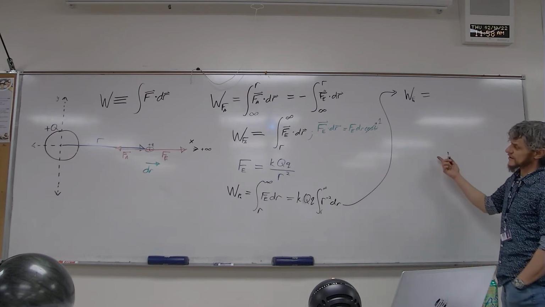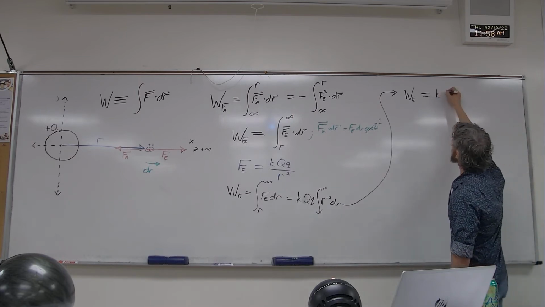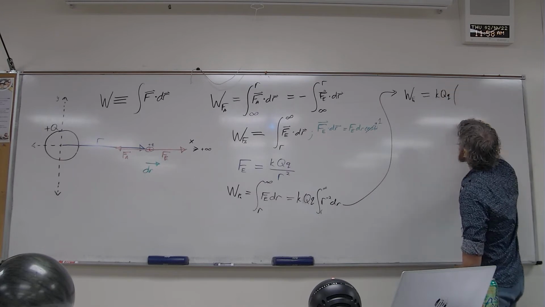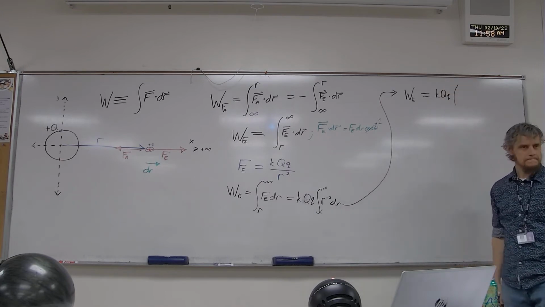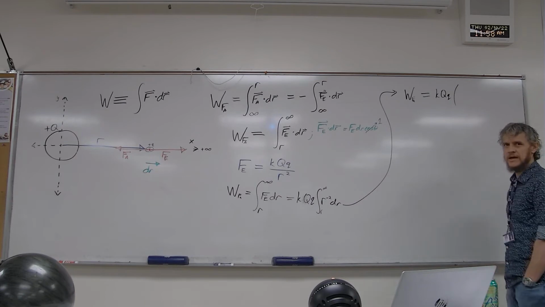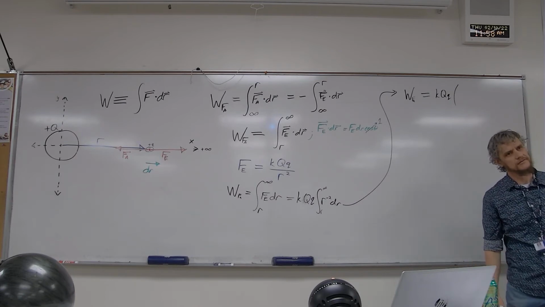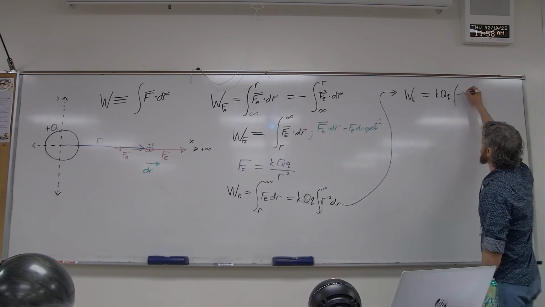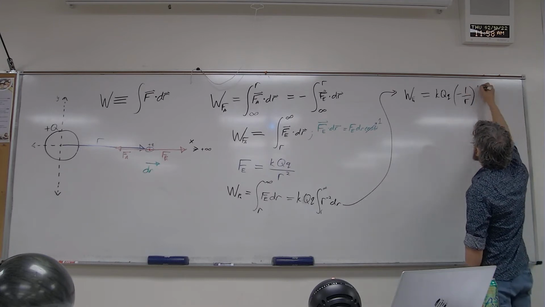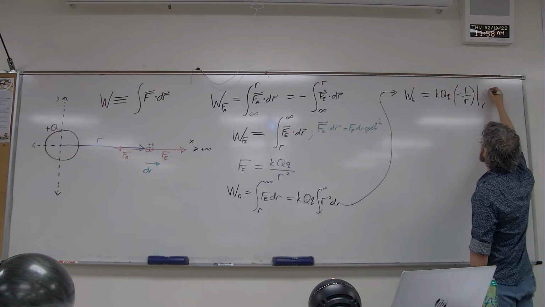So the work then is going to be kQq times what? What's the integral of r to the negative 2 dr? Negative 1 over r, evaluated from r to infinity.